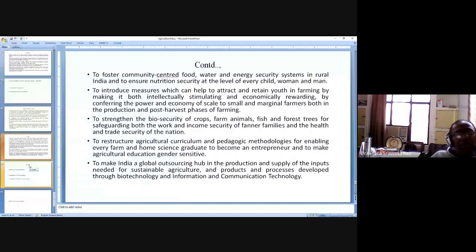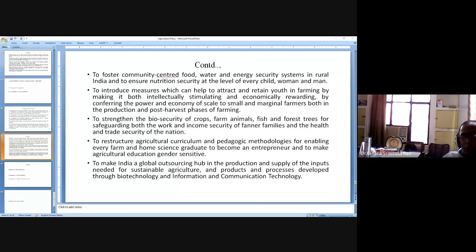These are also part of it: to strengthen the biosecurity of crops, farm animals, fish, and forestries for safeguarding both the work and income security of farmer families and the health and trade security of the nation; to restructure agriculture curriculum and pedagogic methodologies for enabling every farm and home science graduate to become an entrepreneur, and to make agricultural education gender sensitive; to make India a global outsourcing hub in the production and supply of the inputs needed for sustainable agriculture and products and processes developed through biotechnology and information and communication technology.